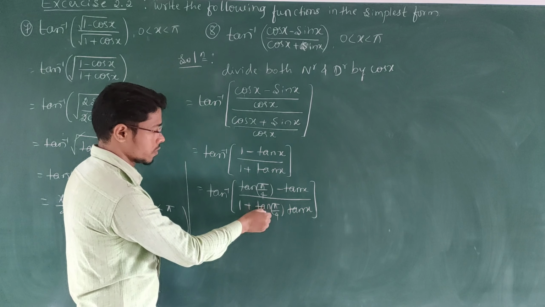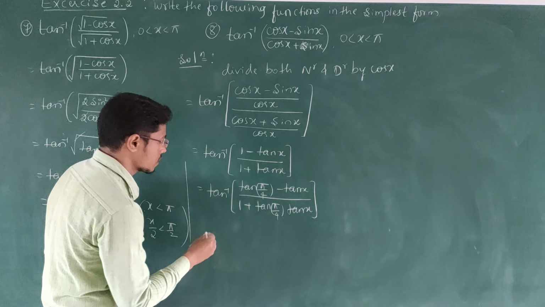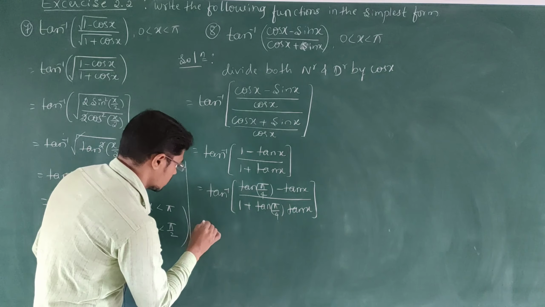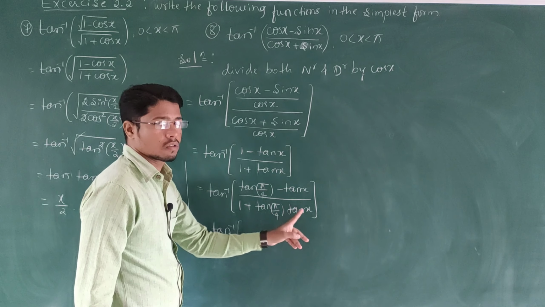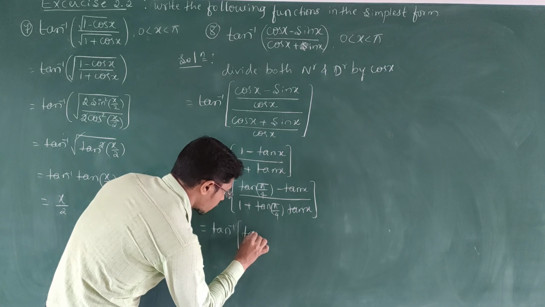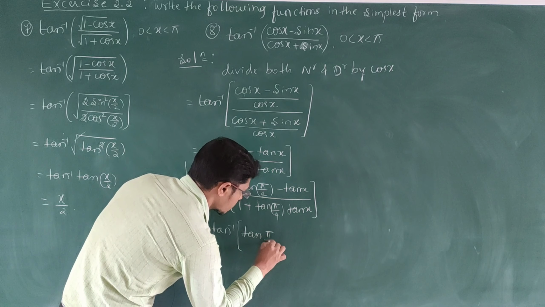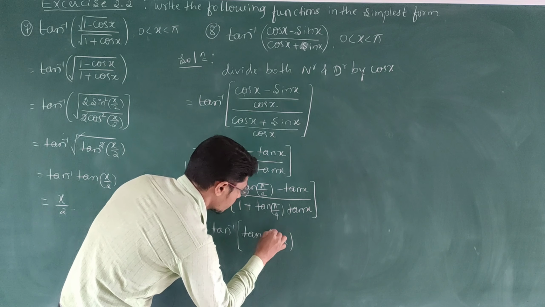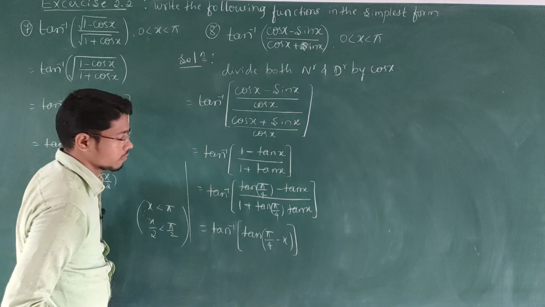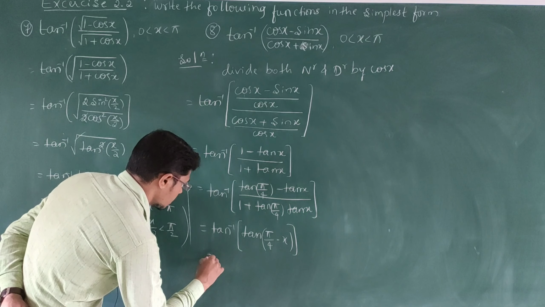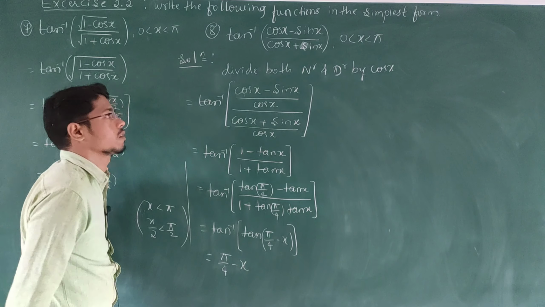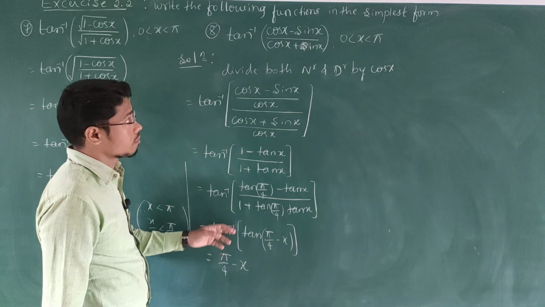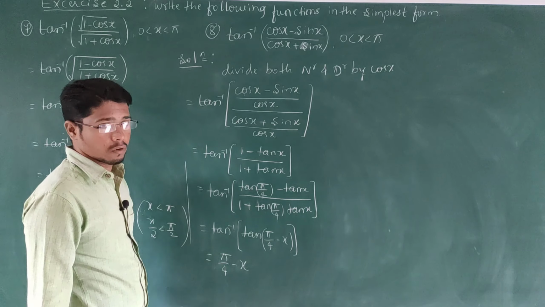Tan pi by 4 is 1, so this is tan inverse of tan x minus tan y divided by 1 plus tan x into tan y. So this is tan of x minus y, where x is pi by 4 and y is x, which equals pi by 4 minus x. So the simplest form of this question is pi by 4 minus x.